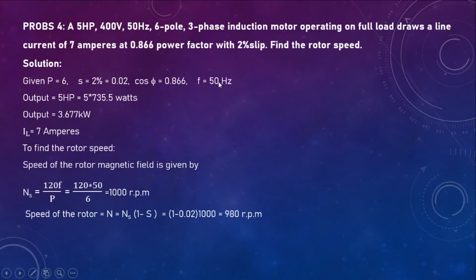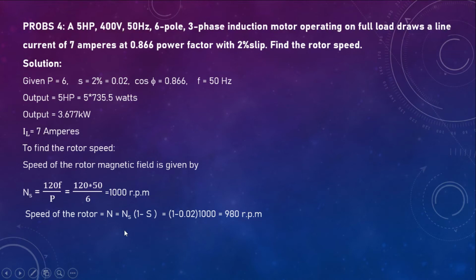Everything of the induction motor has been given: 6 pole, 2% slip, power factor, frequency of supply, as well as rotating magnetic field frequency. Output 5 HP converted into watts gives 3.677 kilowatts. Line current of 7 amperes has been given; we need to find the rotor speed.